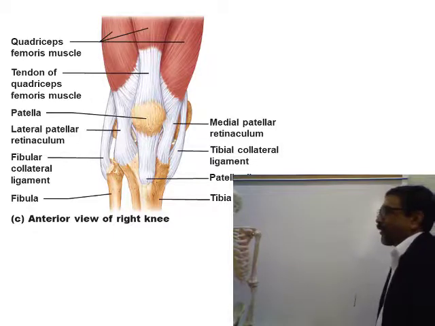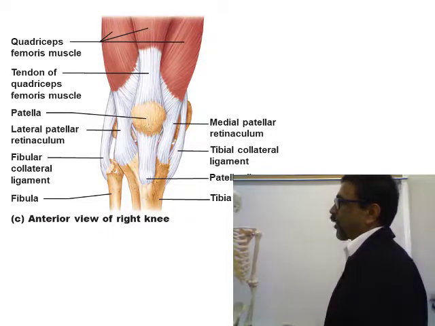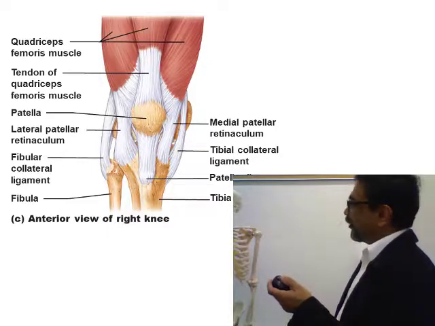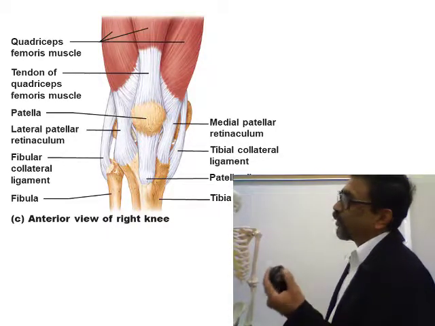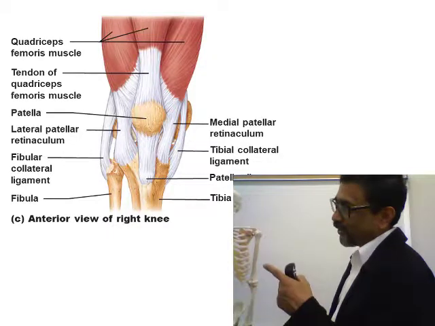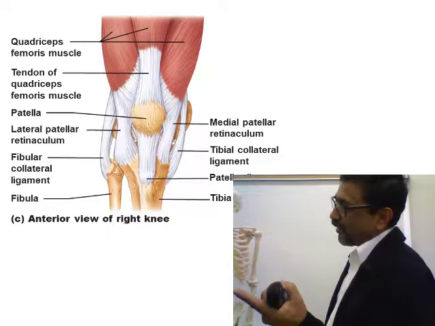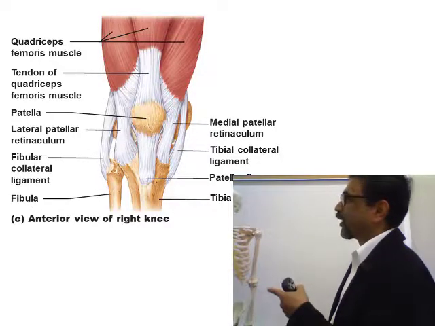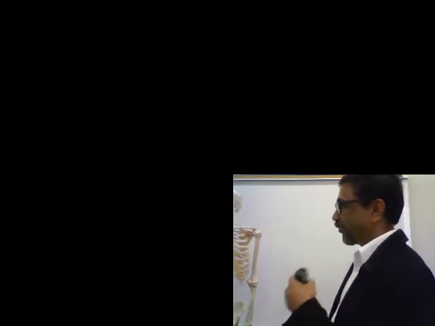And then you have collateral ligaments. On the tibial side, tibial collateral; on the fibular side, fibular collateral. So it's easy: fibular collateral is attached to the fibula, tibial collateral is attached to the tibia.